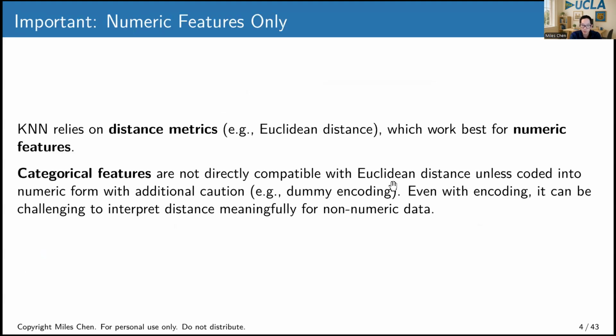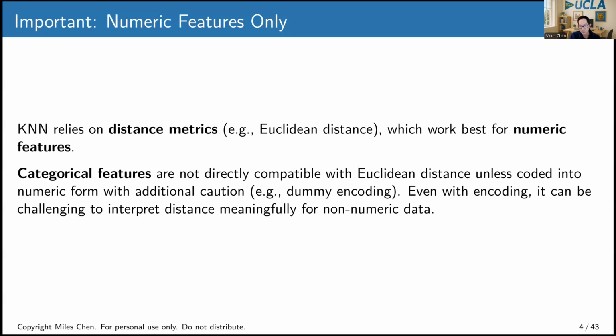Now, there are a few important considerations when using k-nearest neighbors. Number one is that you want to use it if you only have numeric features. Because k-nearest neighbors uses distance metrics, it really only works for numeric variables.